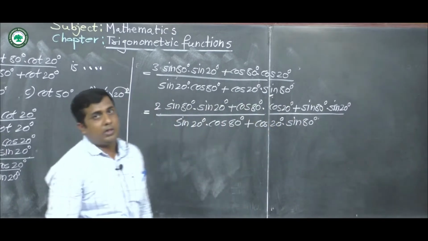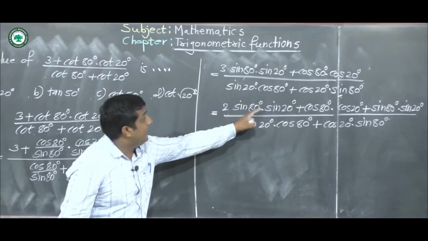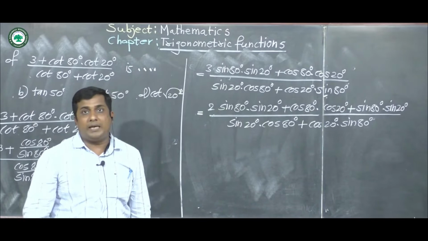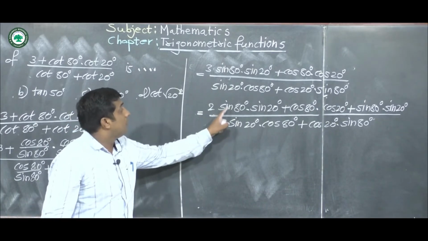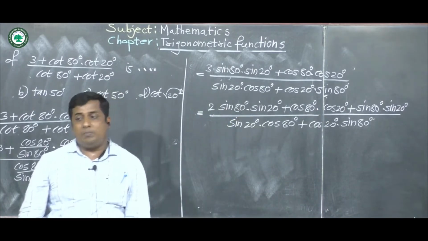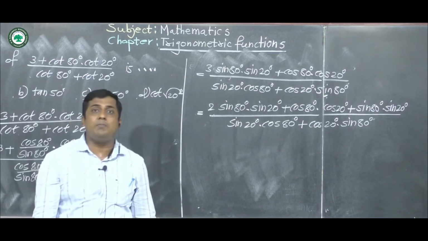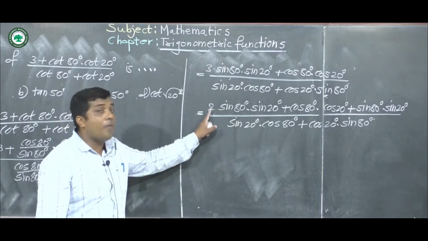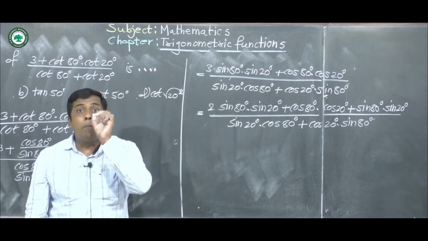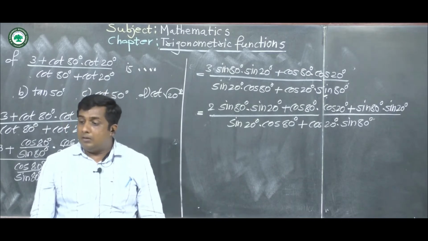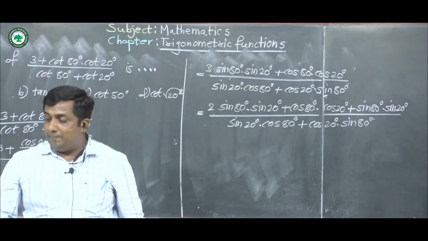Now here we get 2 sin 80° sin 20°, that is, the form 2 sin A sin B, and we know 2 sin A sin B is cos(A minus B) minus cos(A plus B).